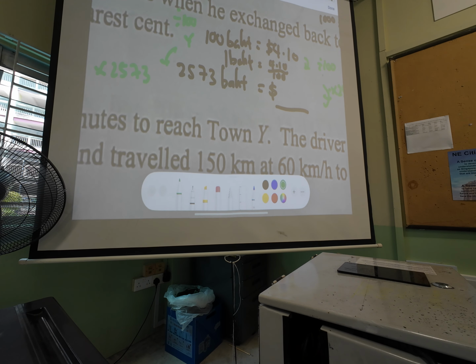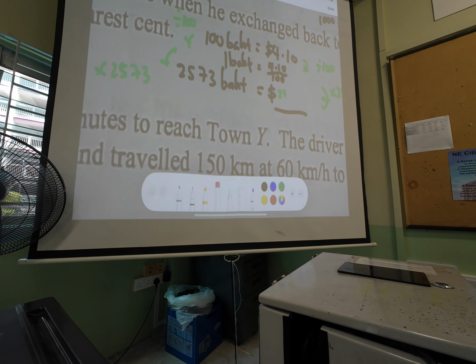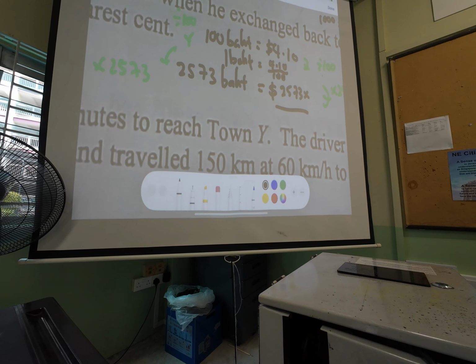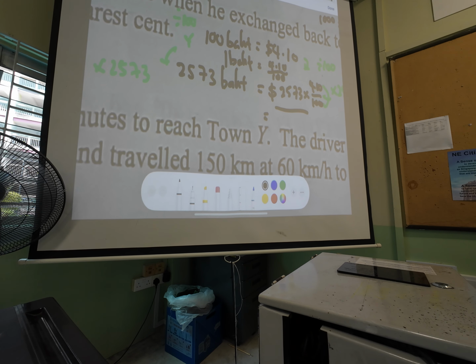So we have to take 2,573 and multiply by 4.1 over 100. And the answer, in the calculator: 2573 times 4.1, then divide by 100.